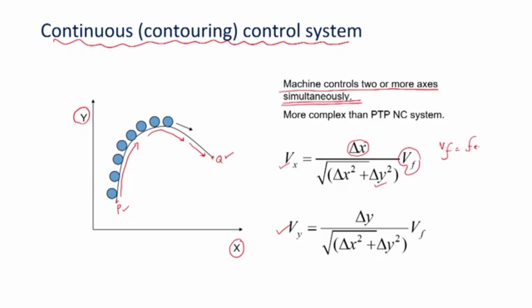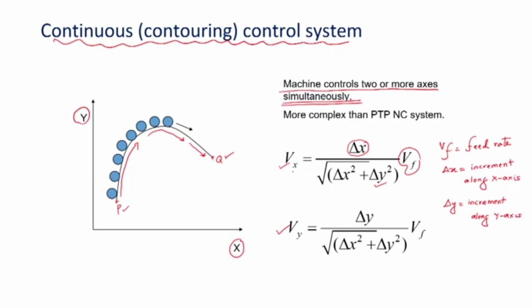Then we can certainly find out the velocity of the drive along x axis and the velocity of the drive along y axis. Once we get the velocity along x and y axis, that velocity can be converted into the number of electrical pulses to be given to the motor. It may be a stepper motor or a servo motor, and based upon the information given, the motor will act upon it, rotating and carrying out the intended operation.